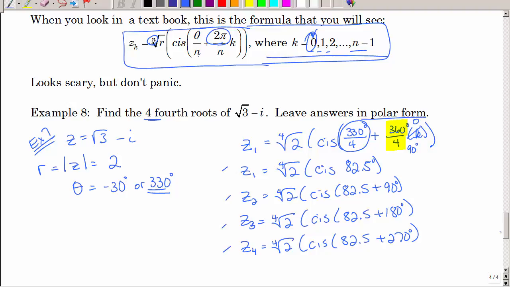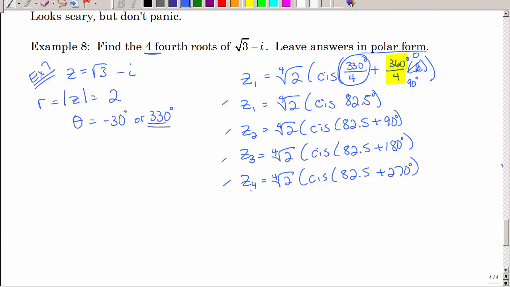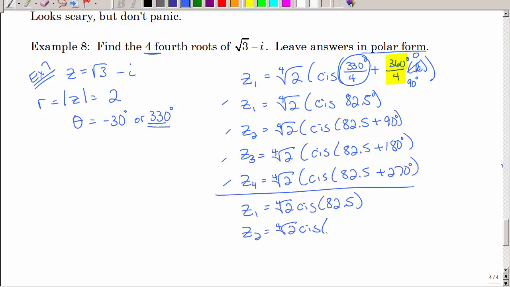Leave answers in polar form. So really the only thing I need to do is do some addition. So 90 plus 82.5. 82.5 plus 180, that's going to be 262.5 degrees.